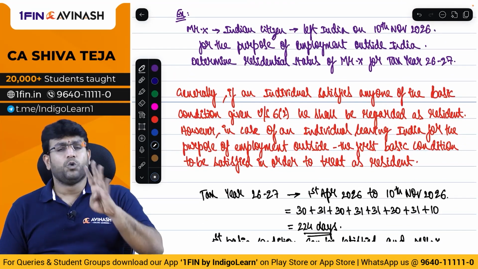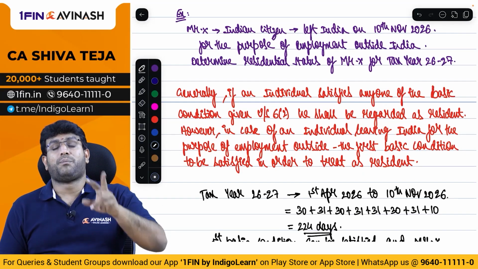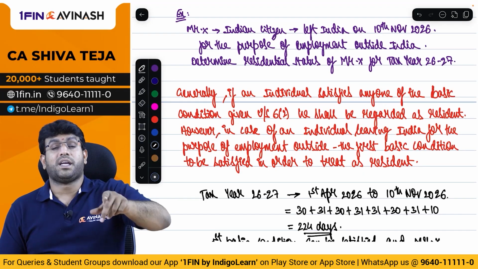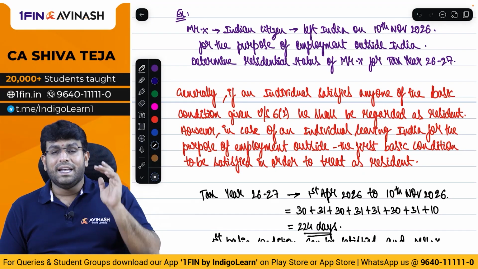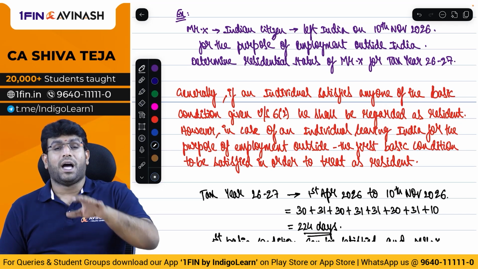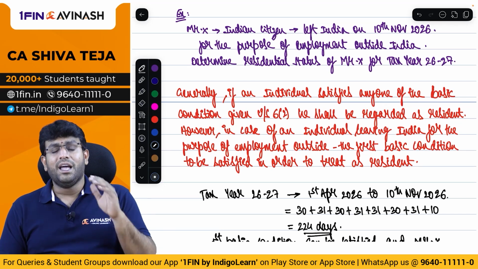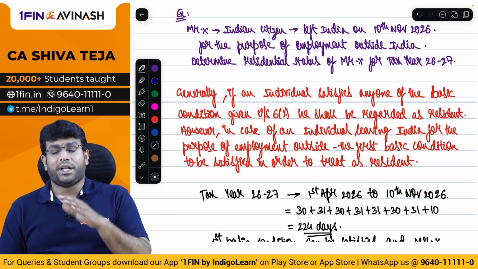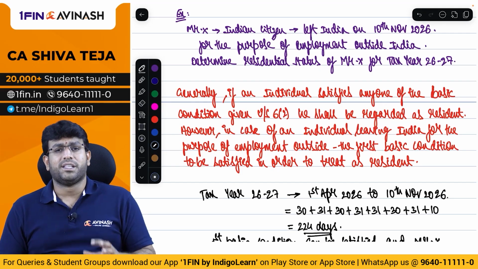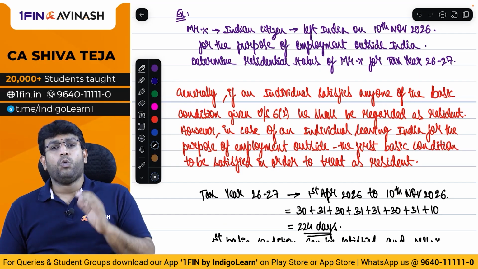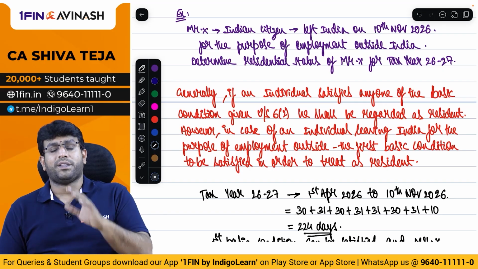So friends, normally there are two basic conditions, but in three special cases we apply only first basic condition. What are the three special cases? Number one, Indian citizen leaving India for the purpose of employment outside India. Second, Indian citizen leaving India as member of crew of an Indian ship. Third special case, Indian citizen or a person of Indian origin who is coming to India for a visit during the tax year.